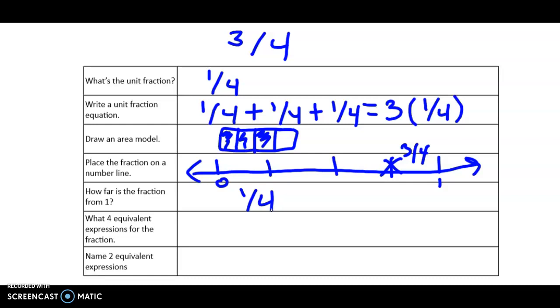This again is really getting at that decomposing understanding that the kids have. It could be something as simple as 2/4 plus 1/4 that they could write. They could write 1 minus 1/4. Once they get into that multiplication understanding, 3 times 1/4.